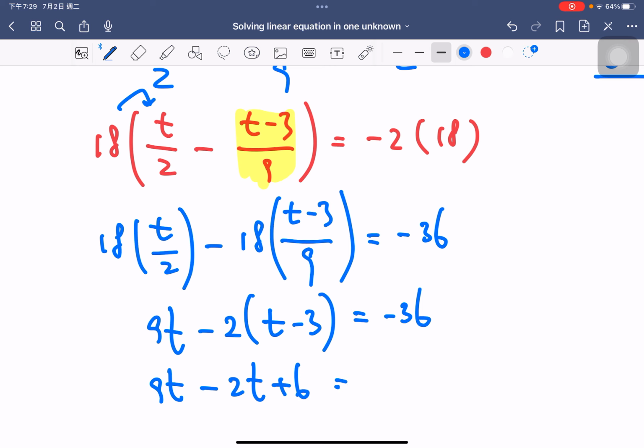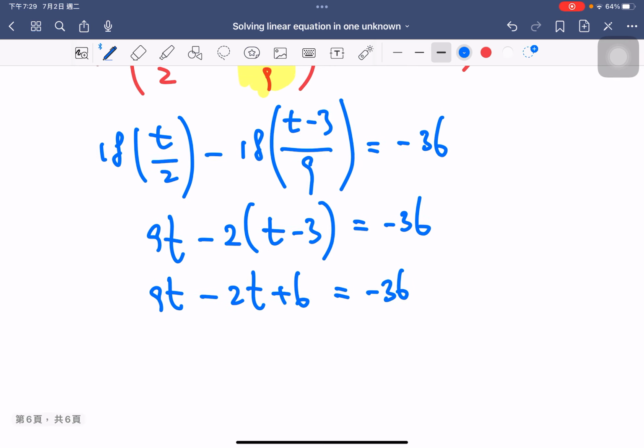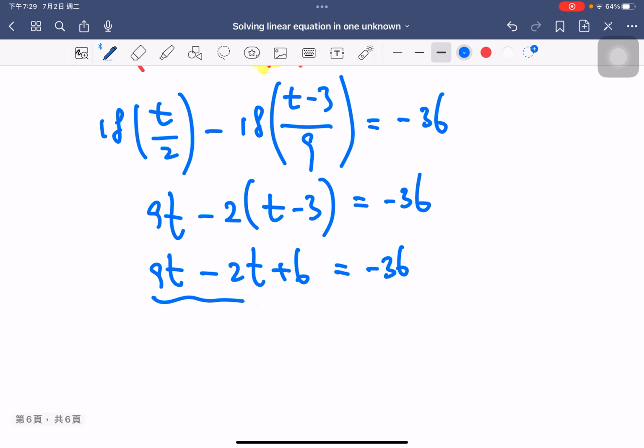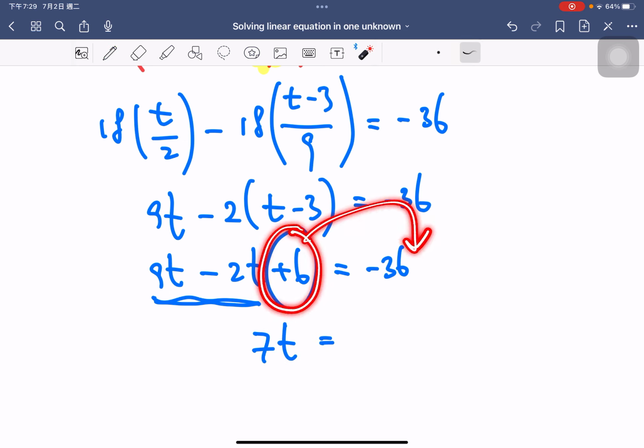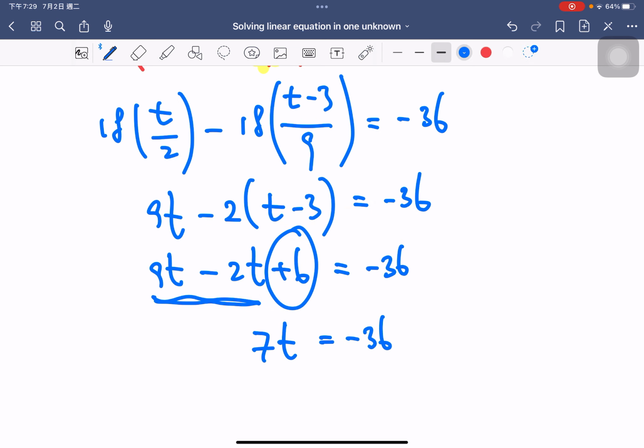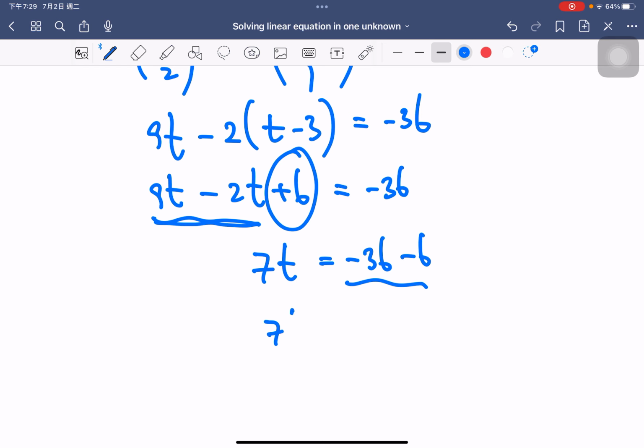So positive 6 equal to negative 36. Now we can combine the unknowns. These unknowns are together, but this positive 6 is not unknown, so moving to the right it becomes negative. We combine 9t minus 2t, giving you 7t. And for this positive 6, moving to the right hand side becomes negative 6. So negative 36 minus 6 will give you negative 42.